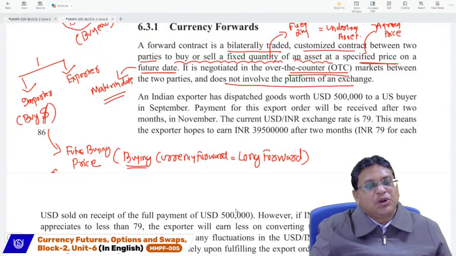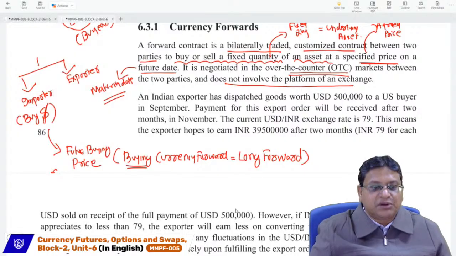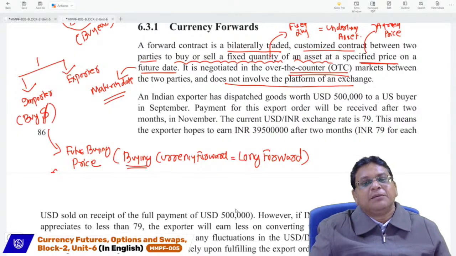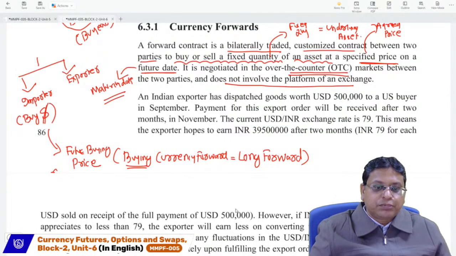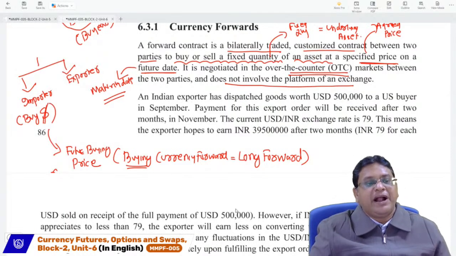So an importer normally takes long forward position. Why does he take long forward? Because he has to buy foreign currency in future and he wants to prefix the rate at which he will buy foreign currency. Therefore, this is known as long forward.